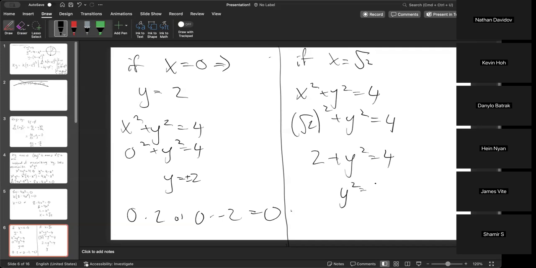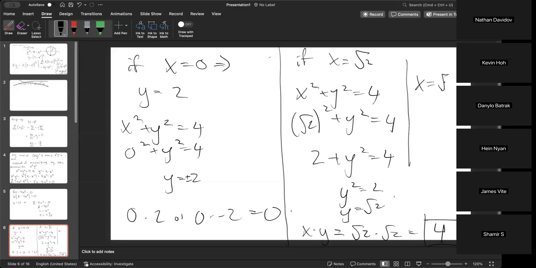So y squared equals 2, and y is equal to the square root of 2. Now you take this product, x times y is square root of 2 times square root of 2, which is 4. So the maximum values occur when x equals square root of 2 and y equals square root of 2.